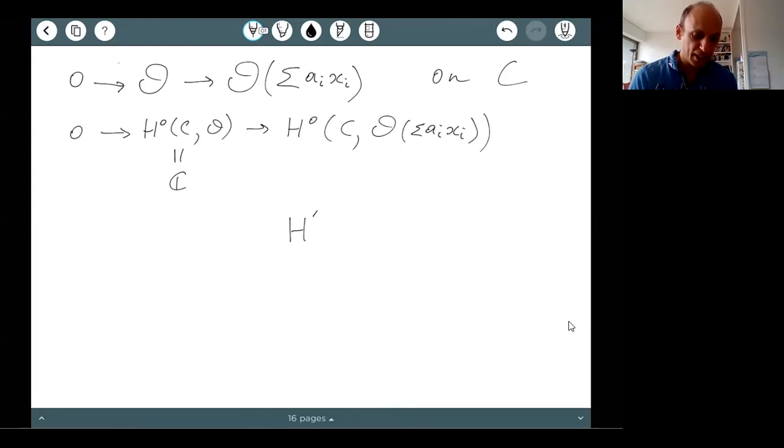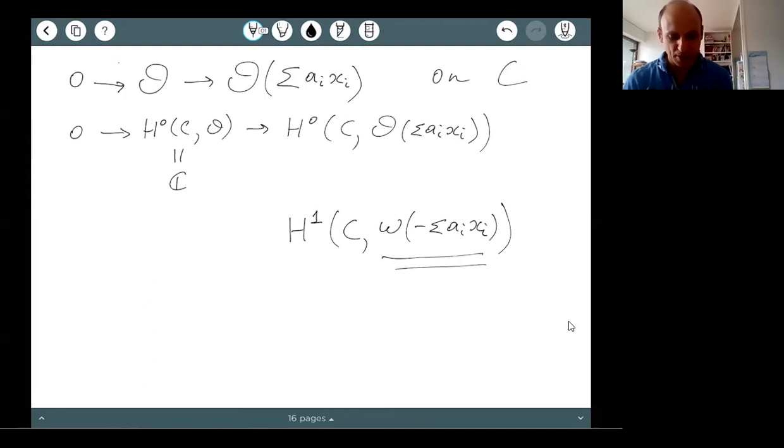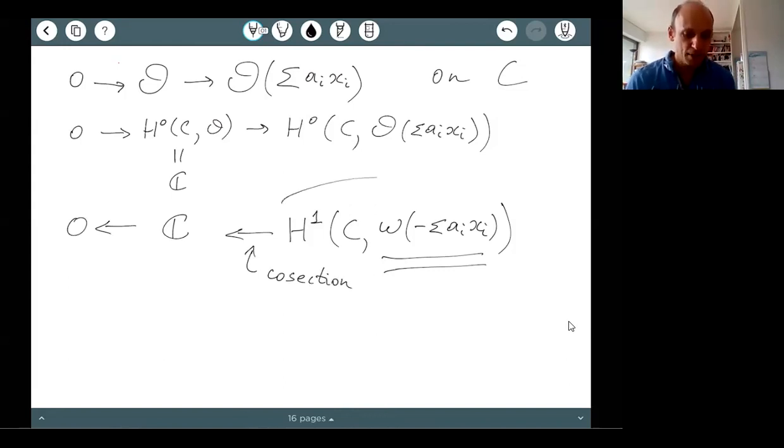Here I see omega twisted by minus a_i x_i. And now you can see why I did all that, because this is precisely the line bundle I'm interested in. This goes to C, the dual of this one, and then to 0, so this is a surjection. This is called a cosection. It is a surjective map from this space to C.